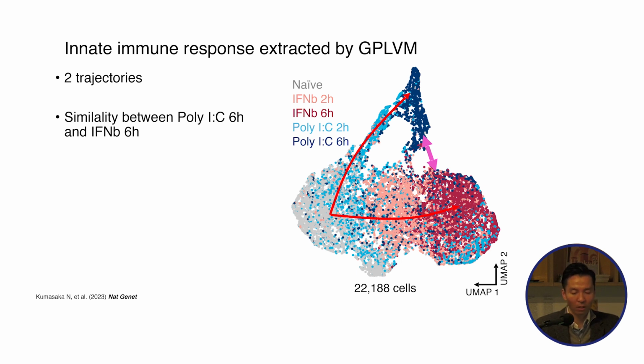Each dot shows a cell, of more than 20,000 cells. And you can see the trajectories of cell stimulation, one for interferon beta and the other for poly-IC, and some similarity between those two after several hours of experiment.